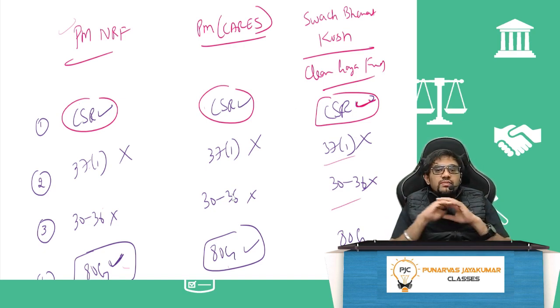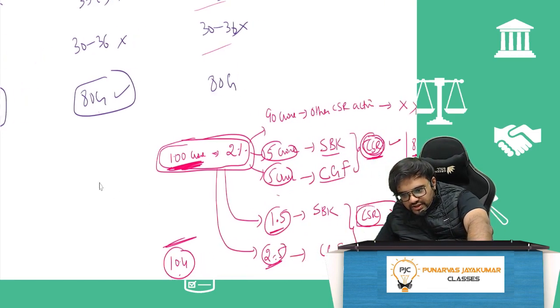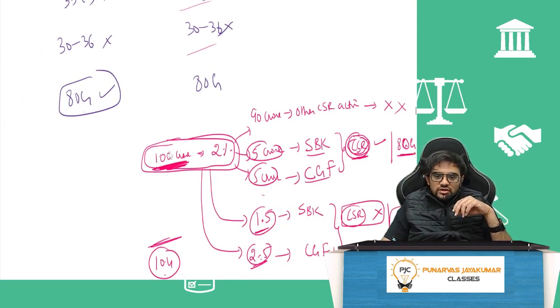Most important. Many people study that Clean Ganga Fund and Swachh Bharat Kosh are not allowed, closed. No. Example I'll give you. See, 100 crore is my 2%. Means I have to actually spend 100 crore.